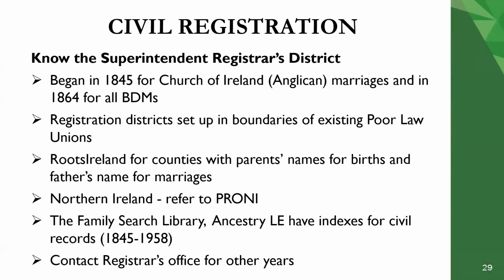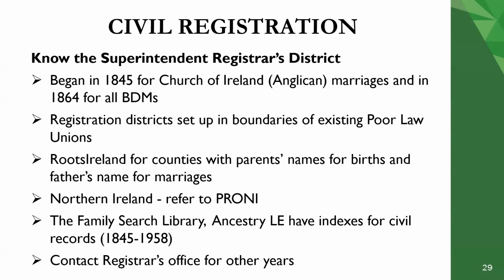Now let's talk about Superintendent Register Districts for civil registration. Civil registration started a little bit earlier for the Church of Ireland. Their marriages began in 1845, but everybody else started in 1864 for birth, marriage, and deaths. Again, those registration districts were set up by the existing poor law unions.